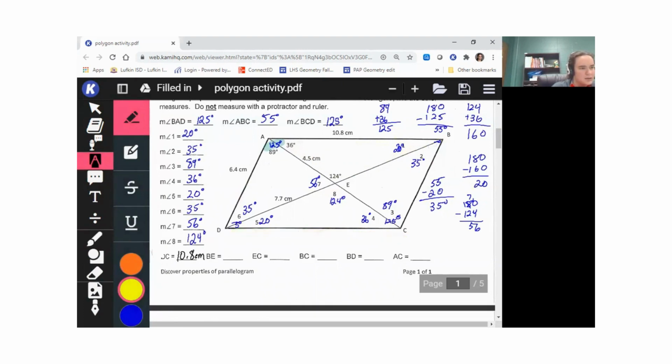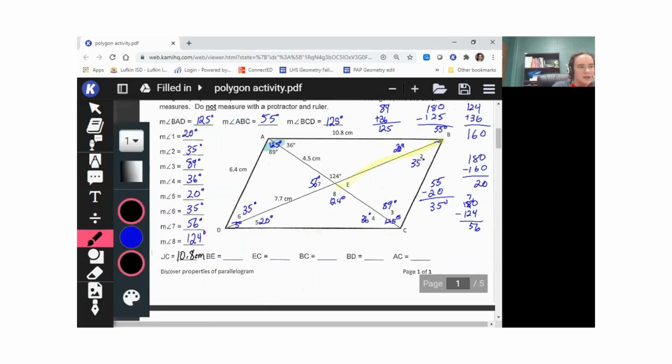BE is here. And BE is part of our diagonal. And remember that diagonals are not congruent, diagonals bisect each other. So what's on one side's on the other. So this is 7.7 centimeters.